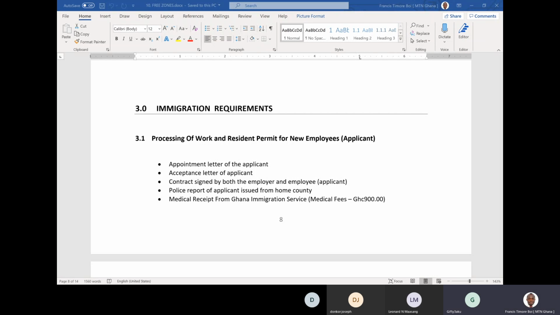This one goes with which part of the sales schedule? Which paragraph of the sales schedule? It's under the free zones. Yes, but which part?